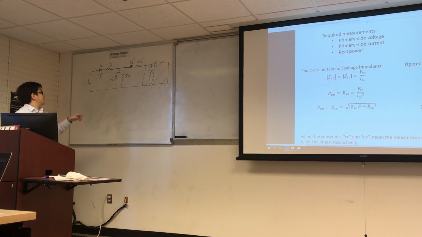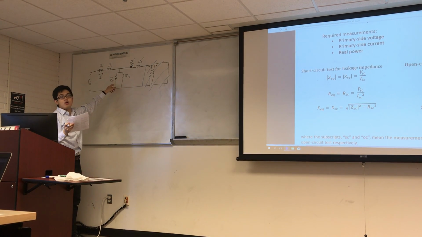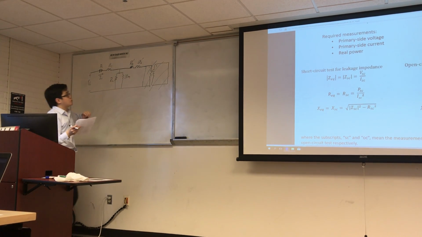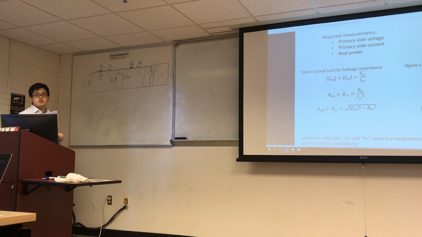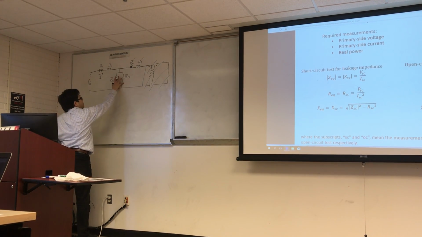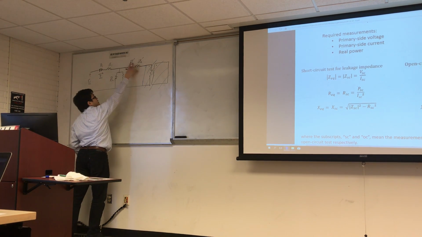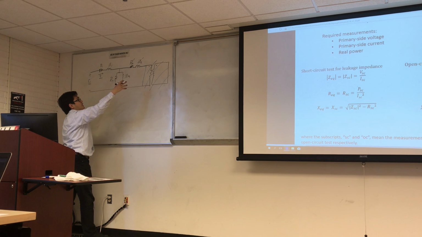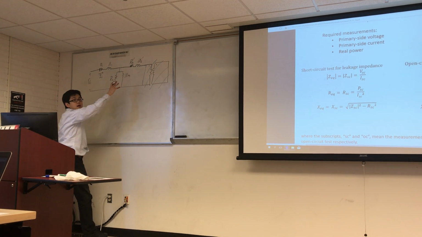And we already know that the middle part, the core part, is much larger than your R2 and X2. So what does that mean? It means when this middle part is in parallel with the secondary side part, it is very similar to the secondary part, right?